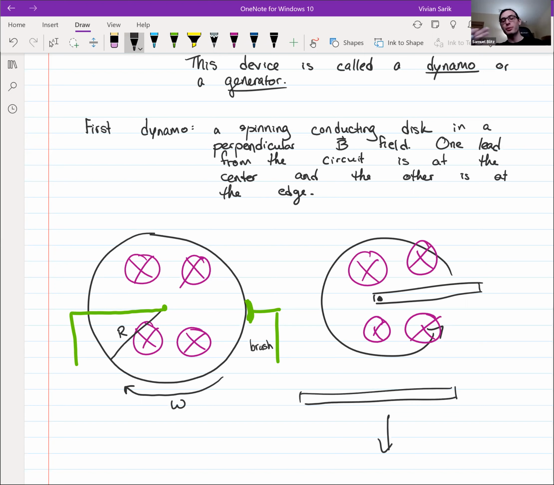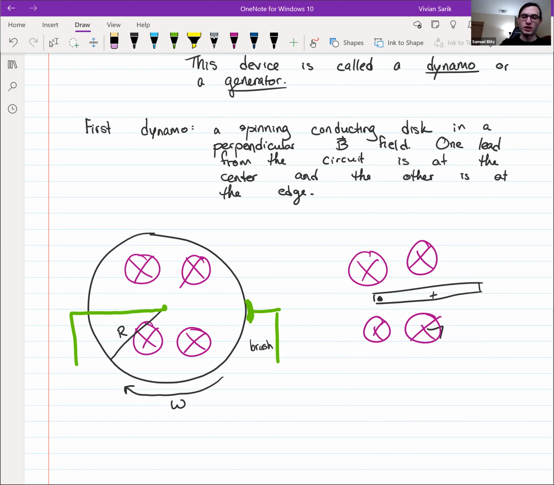It wouldn't be identical, but what you would notice is that if you have a positive charge, say, in the middle, and it's spinning around this way, it's moving with some velocity downwards. You can use the right-hand rule, v cross B, to find that the positive charges will feel a force to the right, and negative charges will feel a force to the left.